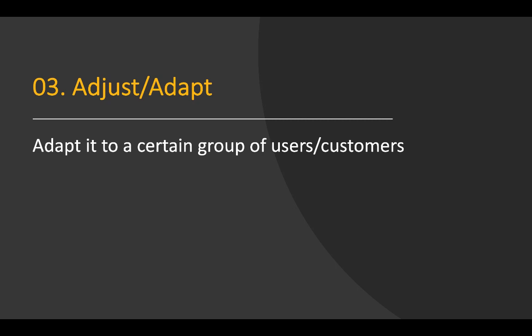Now, this book may be sold to all internet marketers or digital marketers. However, you could adjust it or adapt it to a certain group of users or customers. In this case, as an example, you could turn your product applicable for affiliate marketers. Like, how do affiliate marketers use funnel for their own business, right?